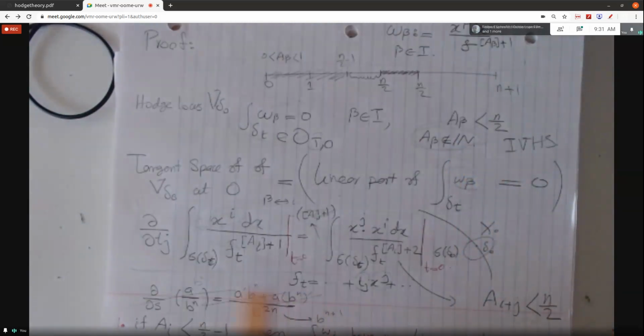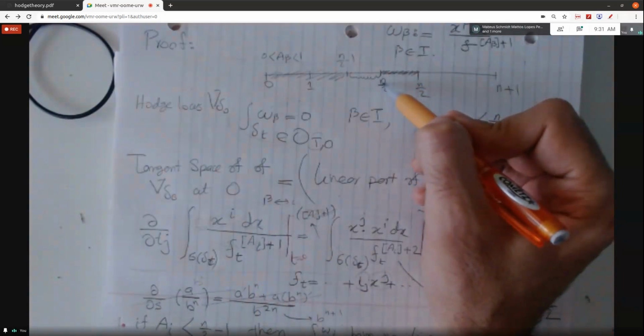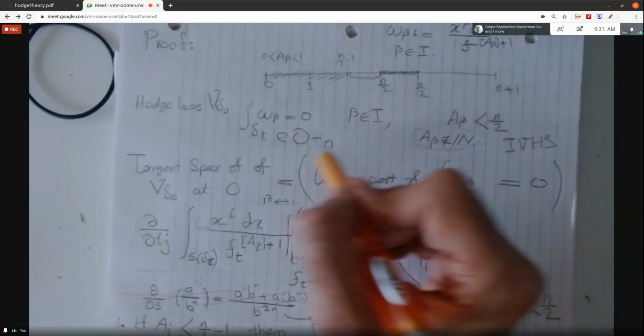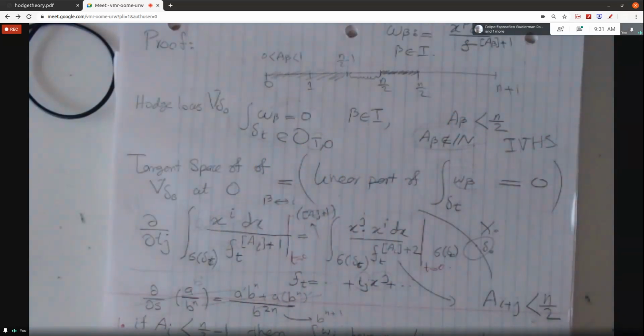But at the end of the day, when we take the derivative and put t equal to 0, we are still less than n half, and for less than n half I have put all integrals equal to 0. This is the definition of the Hodge locus. This means that automatically this will be 0, and it will turn out that for a_i less than n half minus 1, there is no linear part.